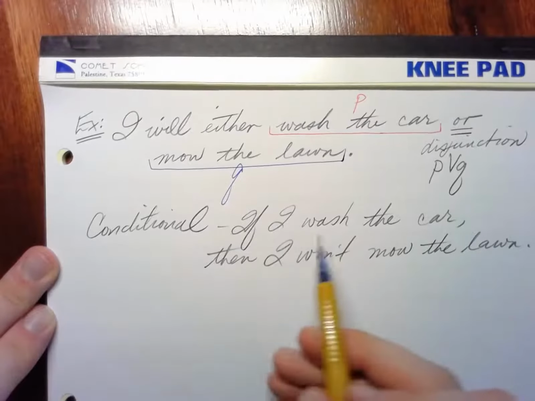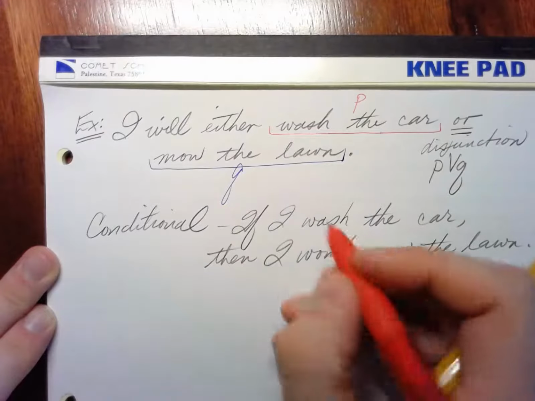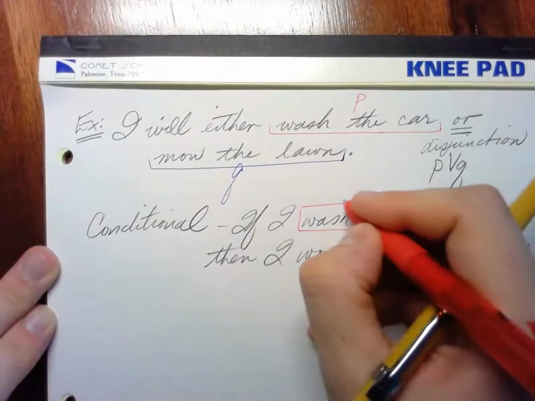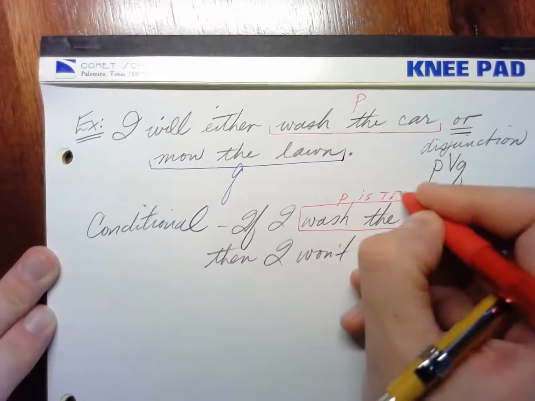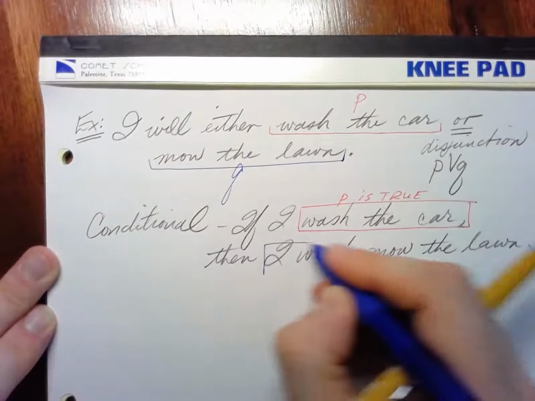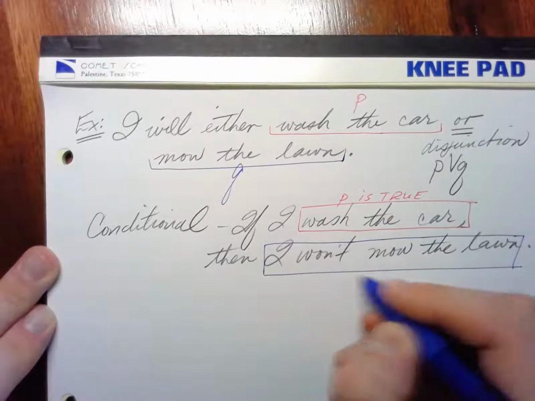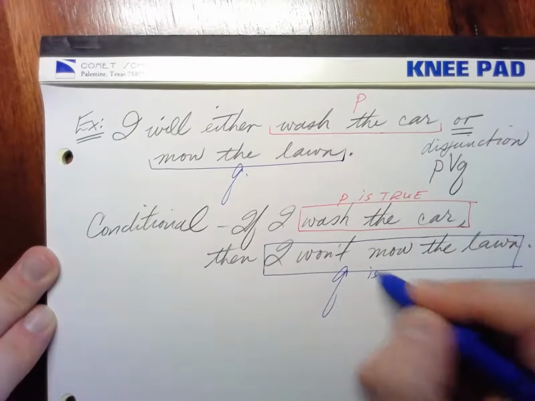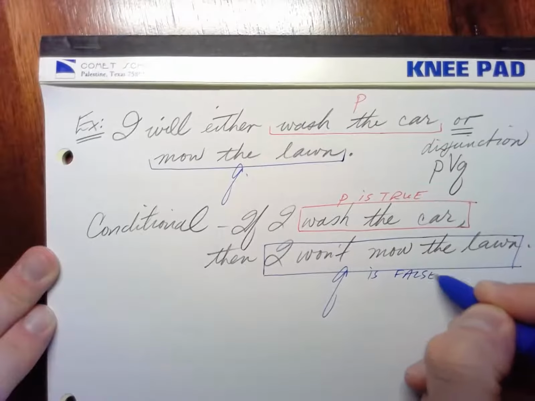Right? If I wash the car, which means that P is true, okay, because I'm doing it, so this means P is true, then I won't mow the lawn. And that's saying that Q is false because I'm not mowing the lawn. So Q is false. That's what that is saying.